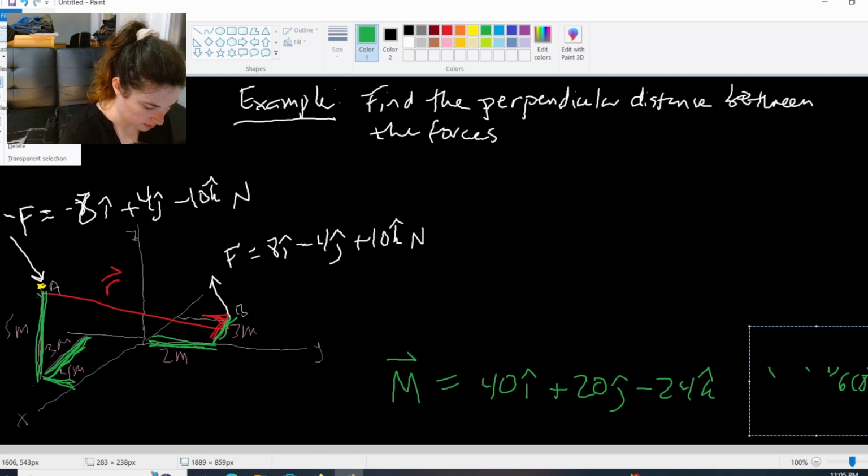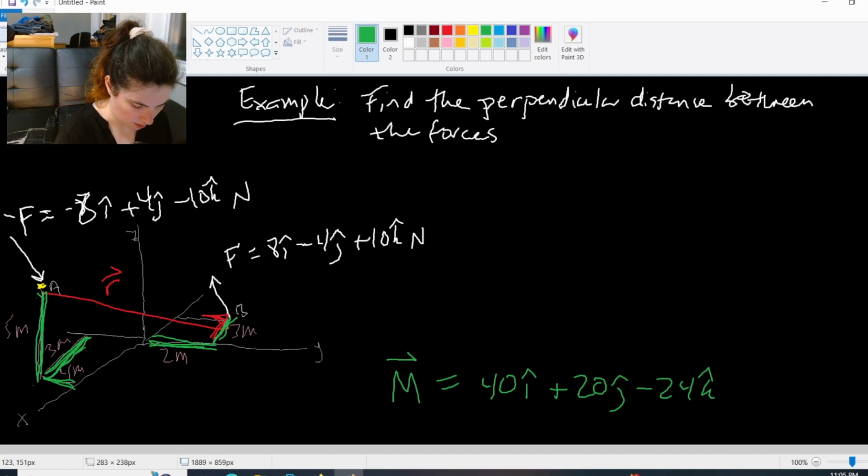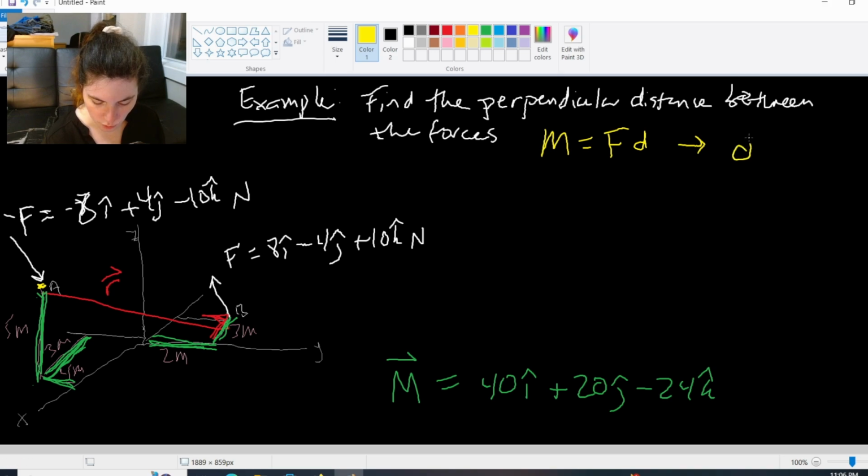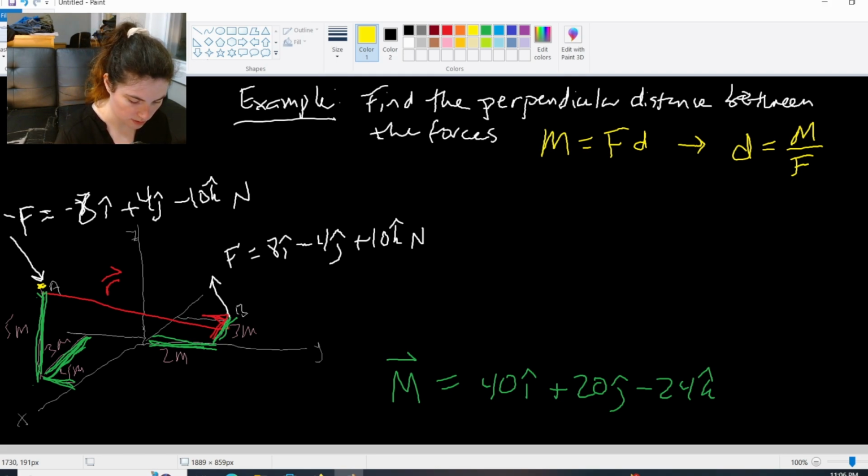And let's do the math here. So our moment is F times d, so we can find the distance by saying d is the moment divided by F. All I need is the magnitude of the moment and the magnitude of the force.